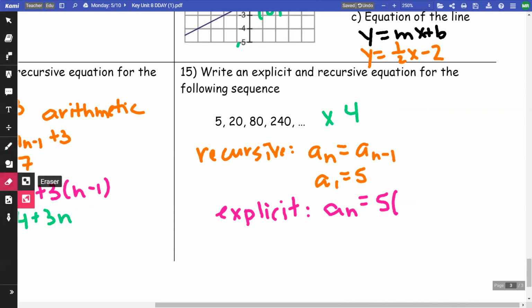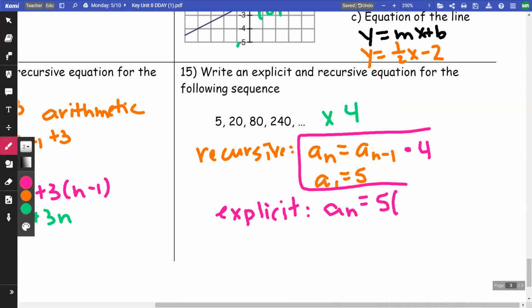I wrote times 4. So this is going to be timesing by 4. So I apologize, this is my recursive. For my explicit, this is going to be a sub n is equal to 5 times 4 to the n minus 1.